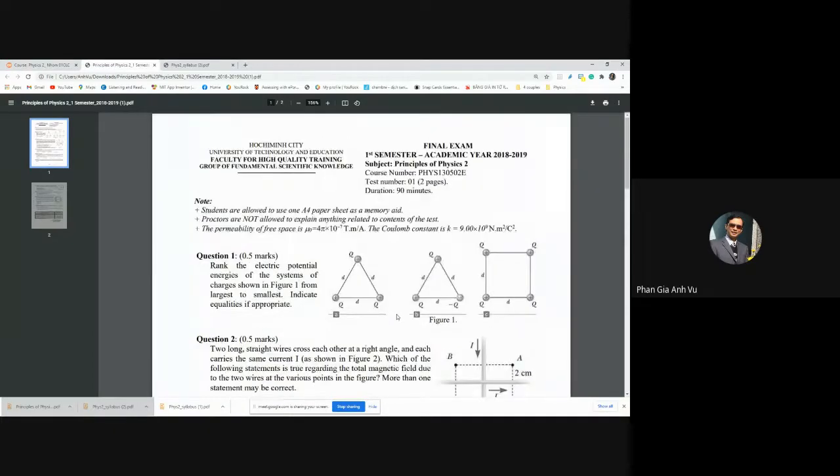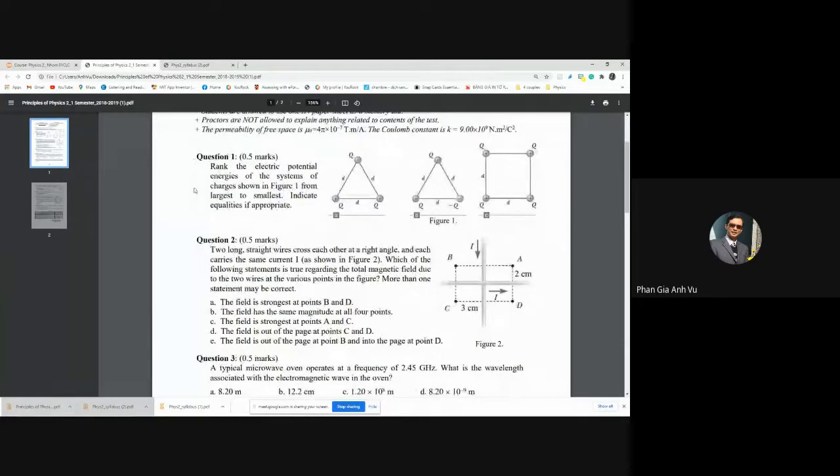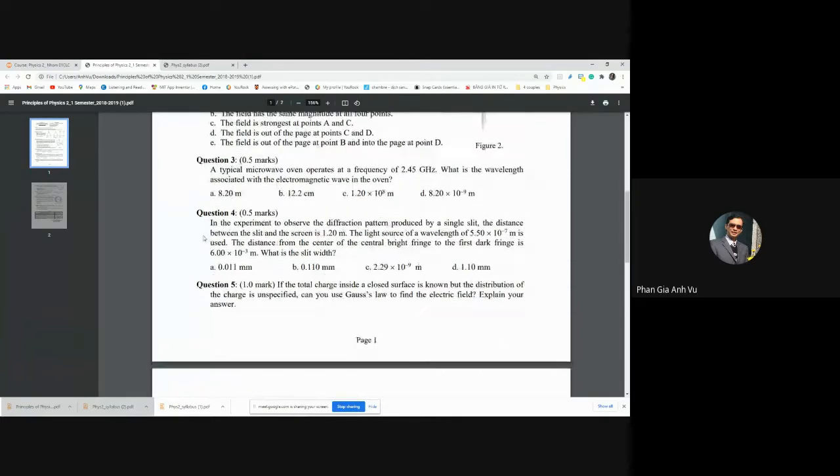This is the final exam of the academic year 2018-2019, first semester. The structure of the exam will be like that. First, we will have 4 quiz questions, or 4 multiple choice questions, question 1, 2, 3, and 4 here.